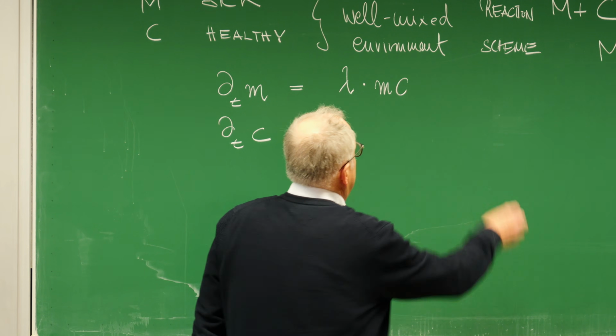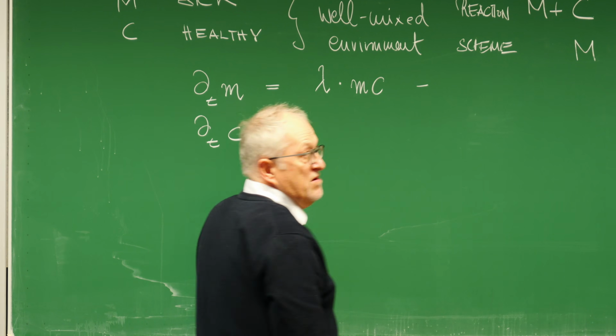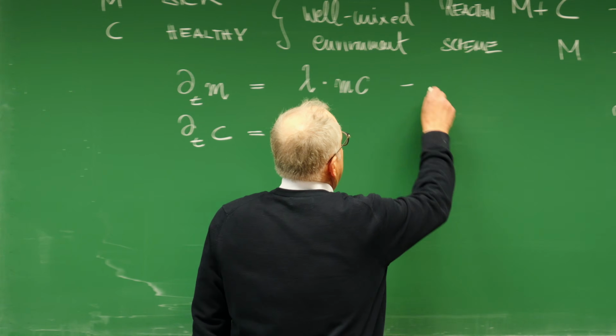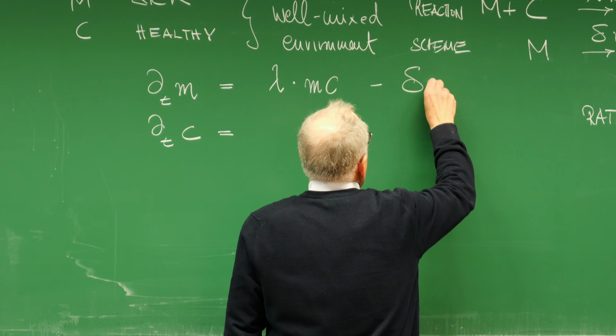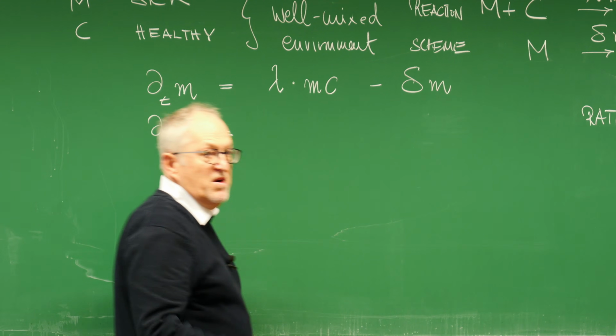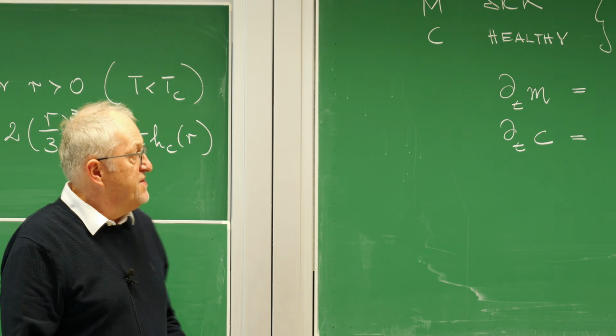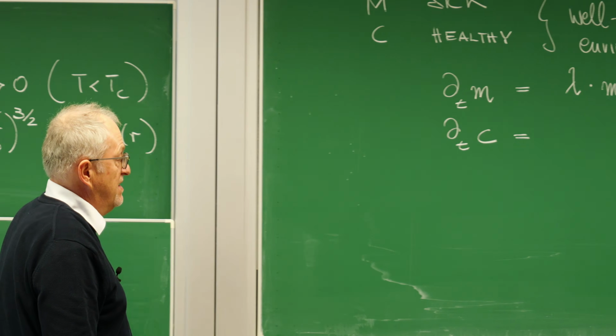You lose here, or you become healthy again with a certain rate delta, and that's minus delta times m, because each one of those sick individuals becomes healthy at a per capita rate delta.